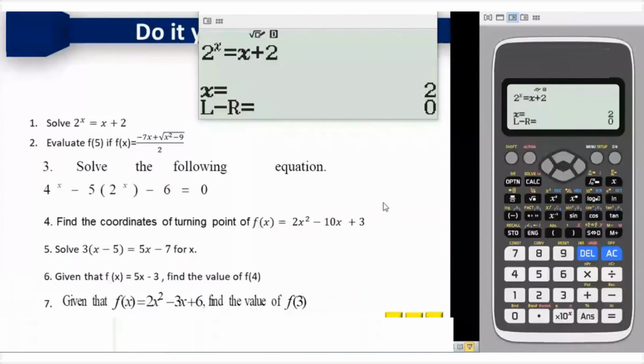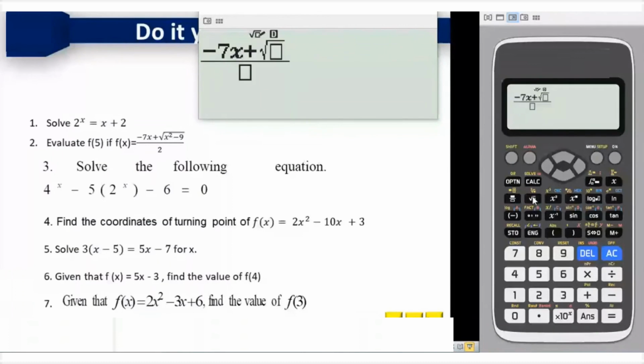So question number 2, the equation is a fraction: minus 7x plus square root of x square minus 9, upon 2.